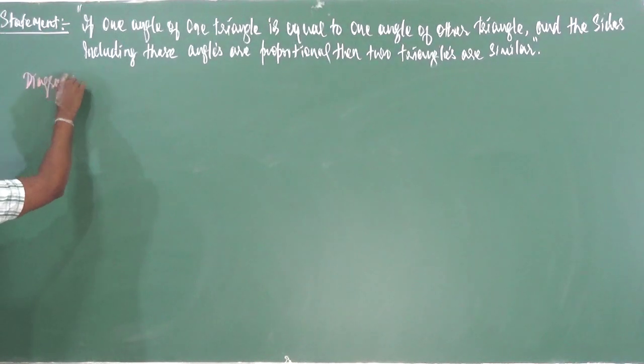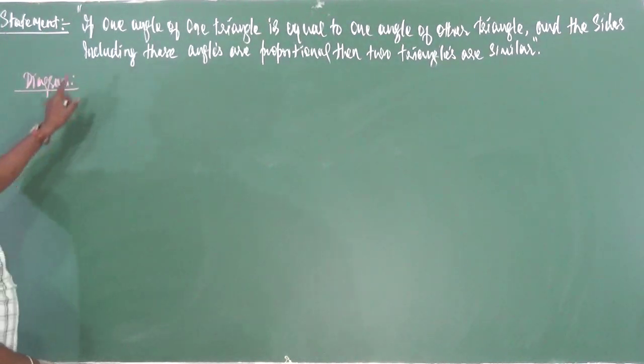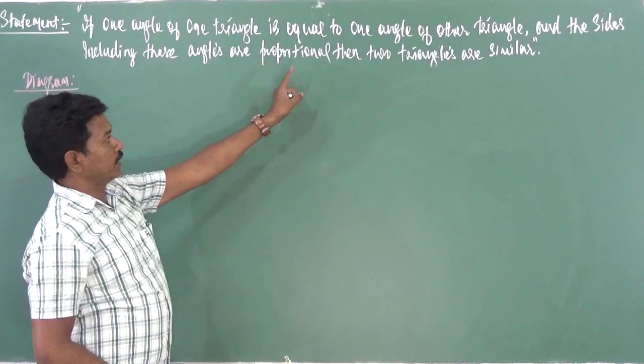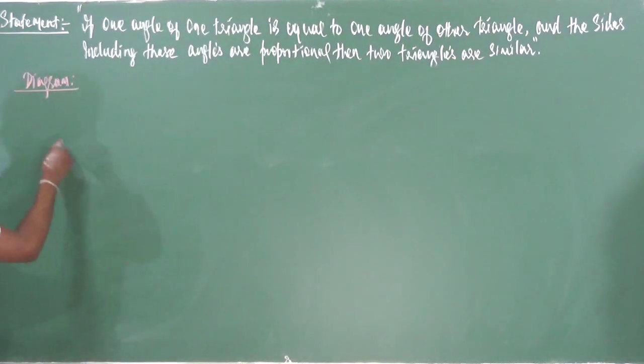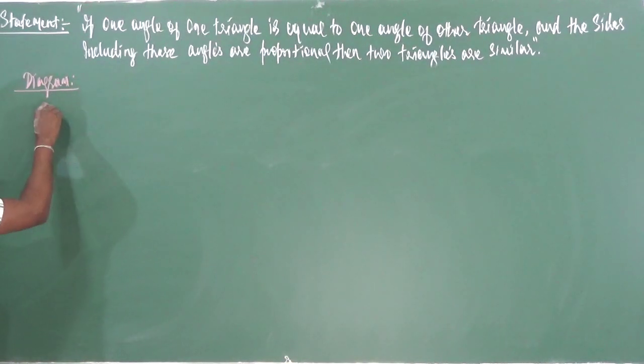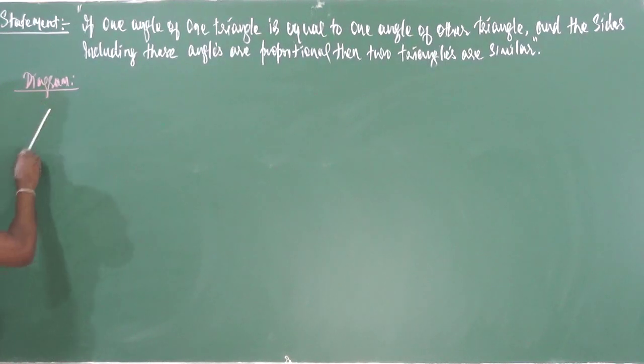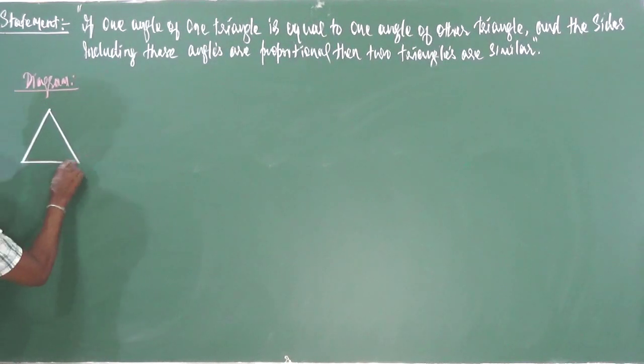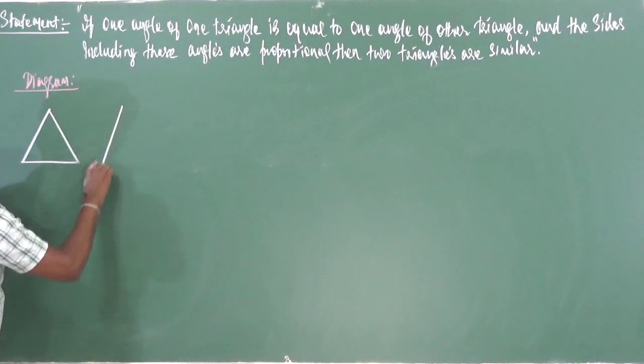So I have to take two triangles here. This is one of the triangles, this is another triangle.